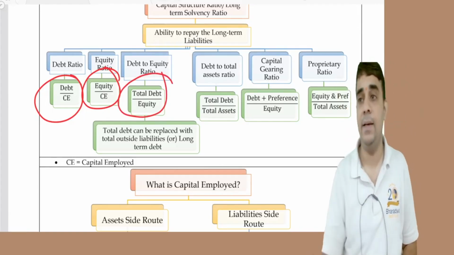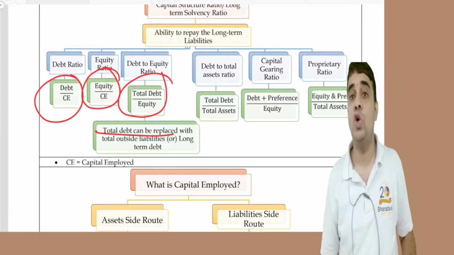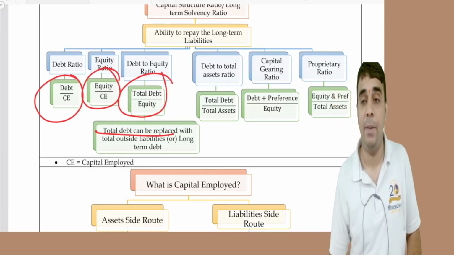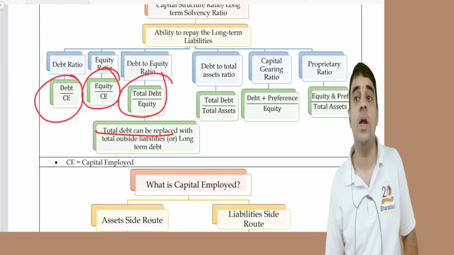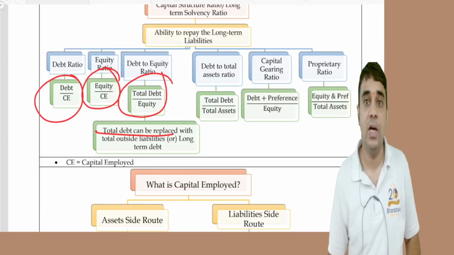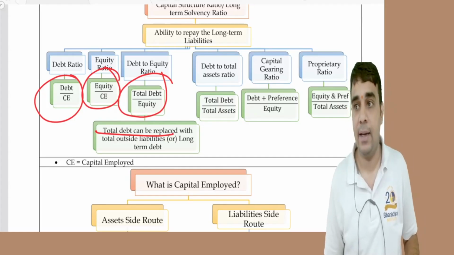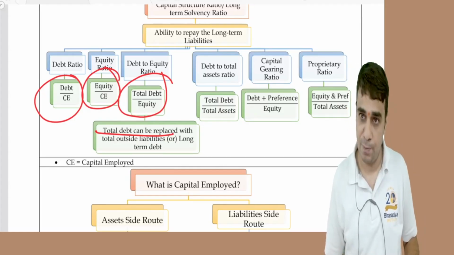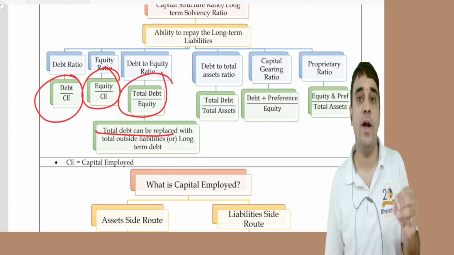Total debt by equity. Total debt can be replaced with total outside liability. What are outside liabilities? Any liability other than owner's money. Owner means equity shareholder money. Any debt. What is any debt? Creditors, outstanding expenses, bills payable. Consider all of that.